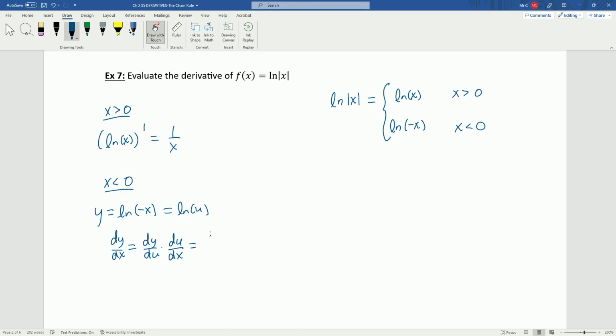So dy du is 1 over u, and du dx, well, u is negative x, so I get negative 1 for that derivative. So this is negative 1 over negative x, which is 1 over x. I happen to get the same derivative for both the natural log of x and the natural log of negative x. So what that tells me is that in general, the natural log of the absolute value of x has the derivative just 1 over x.